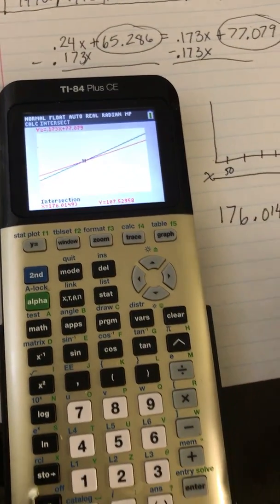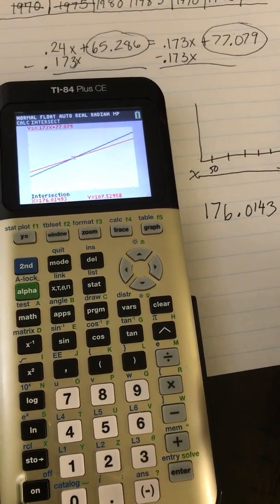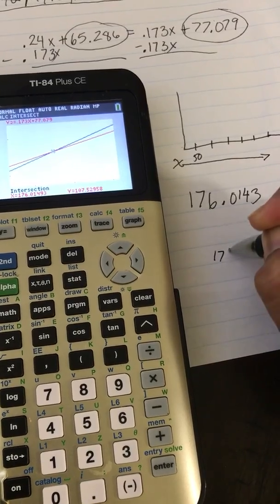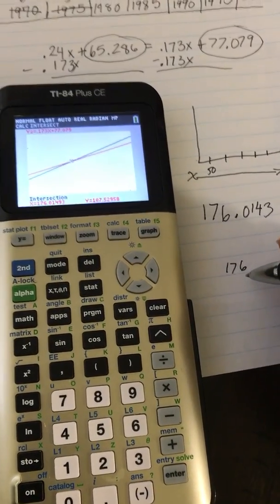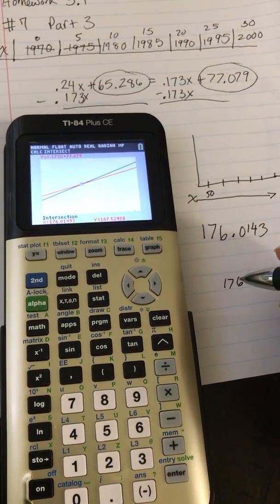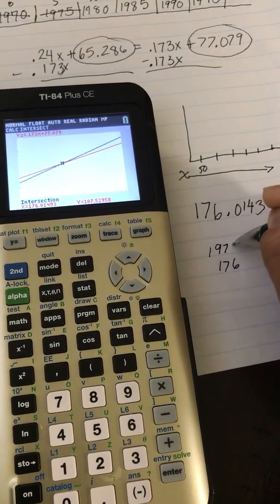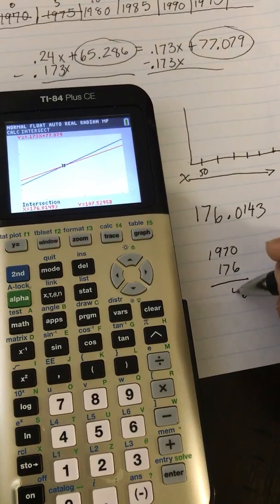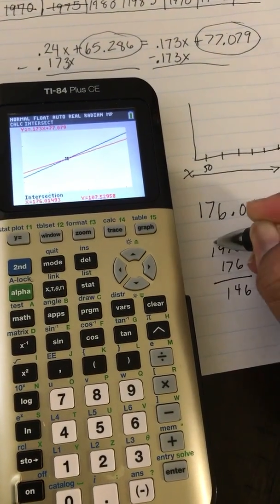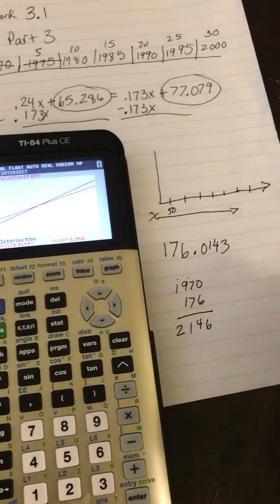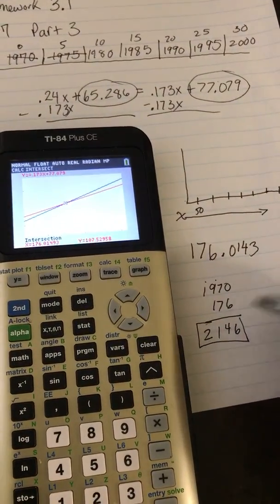The book asks you to round down to the nearest year. So my answer would be 176, but that's not a year. You still have to tell it that it was from 1970. So you're going to add 1970 to this and get 2,146. So that's the year where those quantities will be equal.